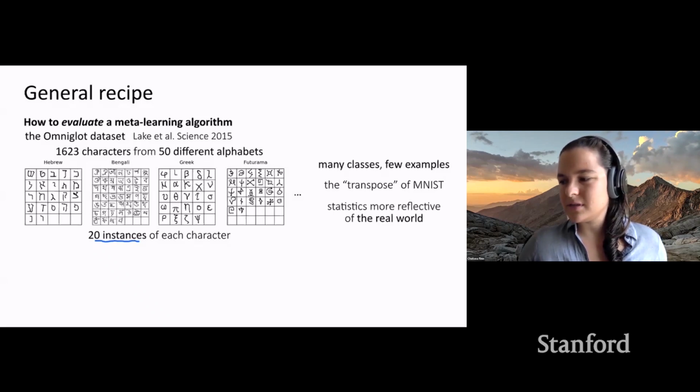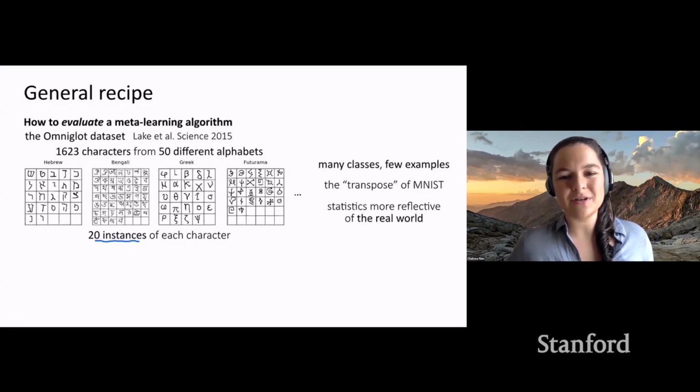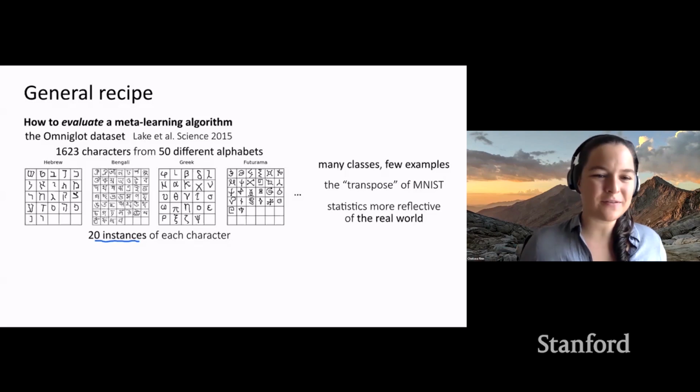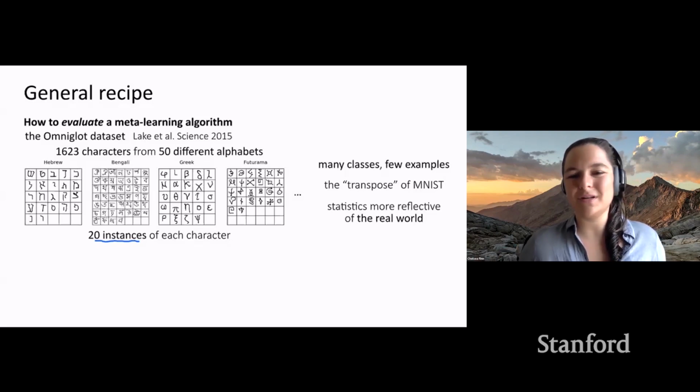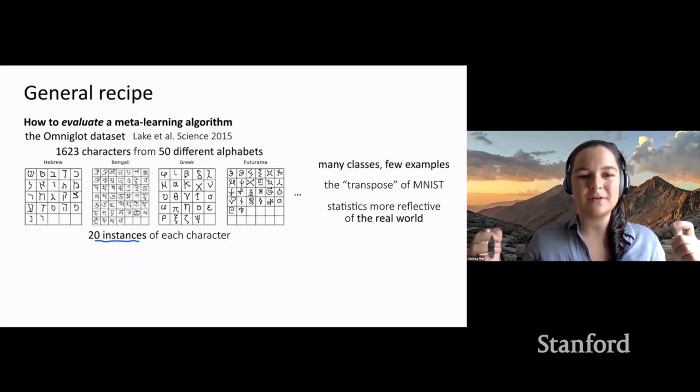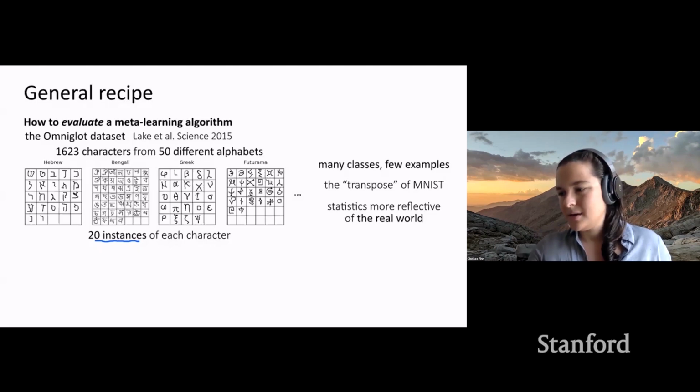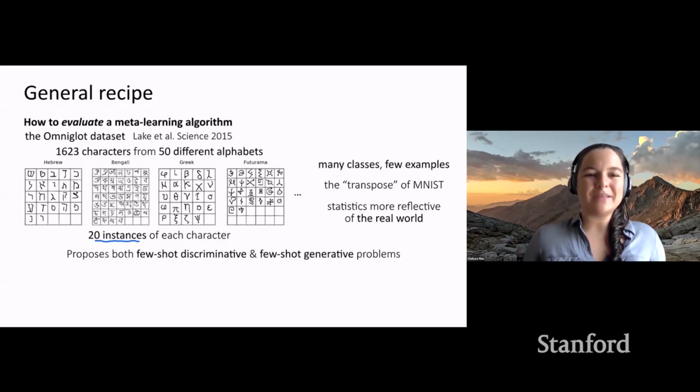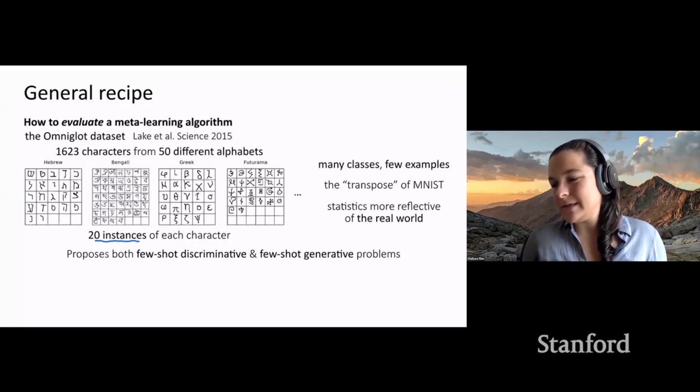I also think that this sort of dataset is more reflective of what we see in the real world. We don't see 1,000 different instances of forks and spoons and 1,000 different water bottles and so forth. We see much more diversity in the objects that we see and in the words that we see, but we often only see each instance a few times. So I think that makes these sorts of datasets quite appealing.